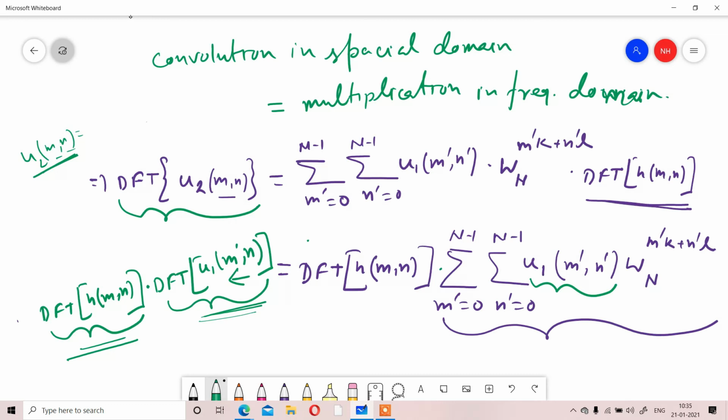You will get the DFT of u2 m n, and then in the same type of structure, take the inverse DFT of u2 m n, and you will get your u2 m n. Keep in mind that this process will be the fastest process for the computer, in spite of doing the convolution in the spatial domain.